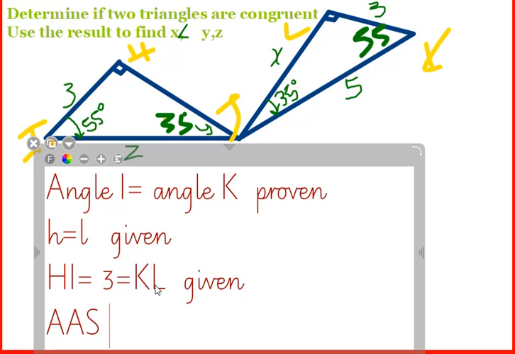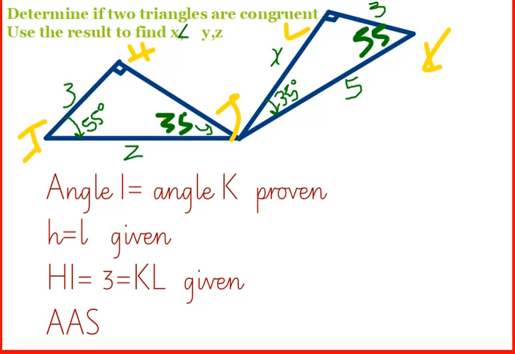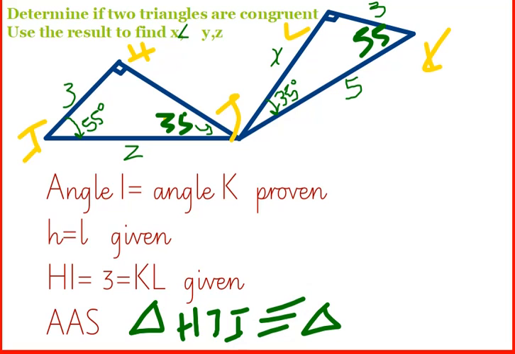Then that means, let's write it down like that. So that means triangle HJI is congruent to triangle, and I'm trying to label them in the correct order. So L matches with H, right?